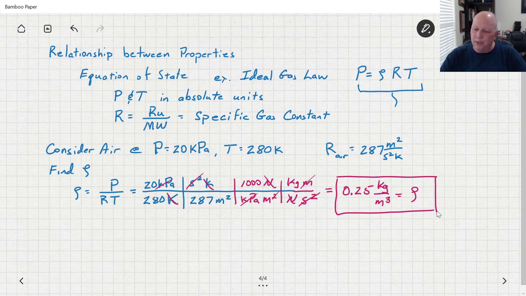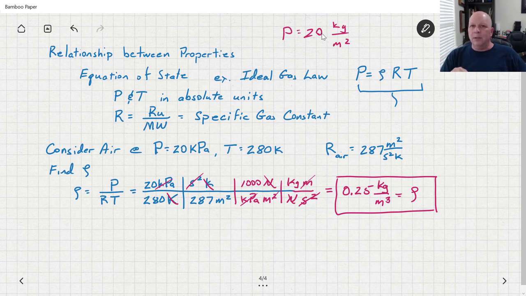Don't write this down, but if I say the pressure is equal to 20 kilograms per meter squared, you would think I was an idiot. Pressure is force per unit area. What I wrote there is mass per unit area. There's no way in the world that can be right.